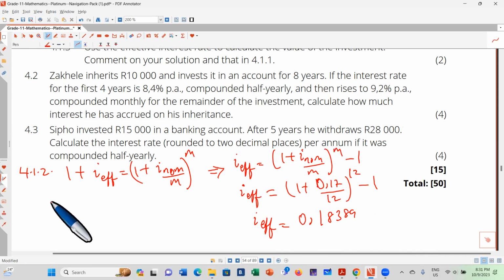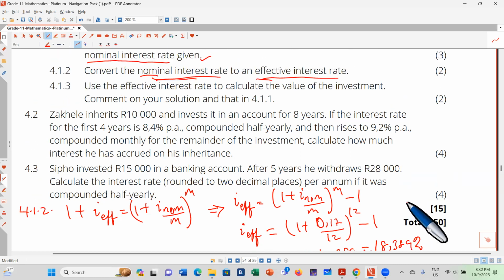You multiply by 100, it becomes 18.389%. That is what you are going to get, and this one is the effective rate. So we converted a nominal rate to an effective rate.